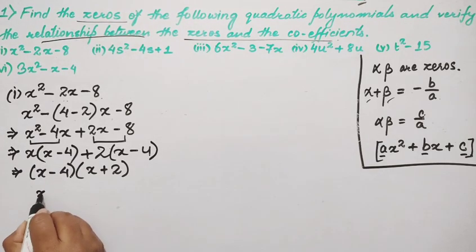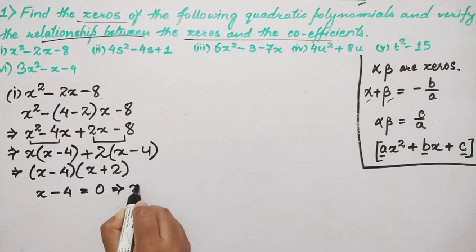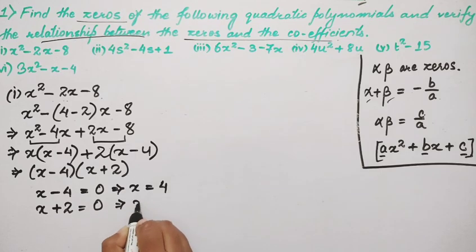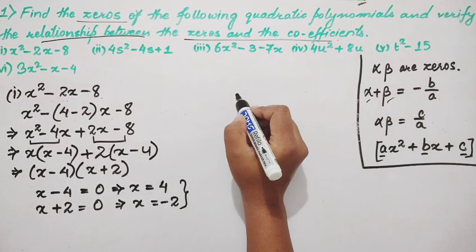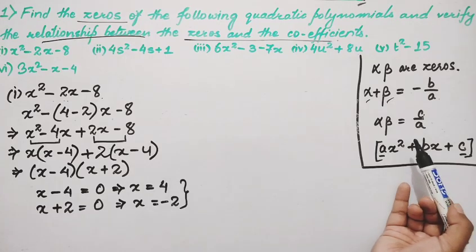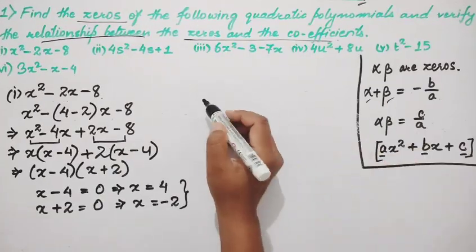Next, you will equate each of this element with 0, which will give us x equals to 4, and x plus 2 equals to 0 will give us x equals to minus 2, which are the zeros of this quadratic equation. Since we have received the zeros, now we will check the relationship between zeros and the coefficients.